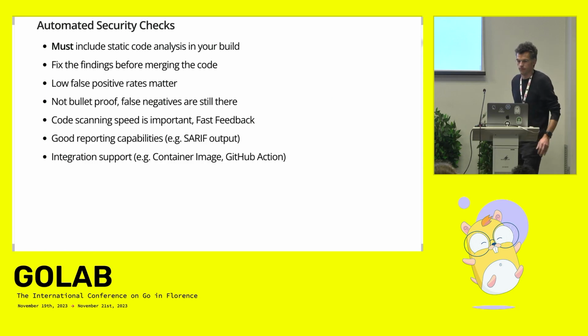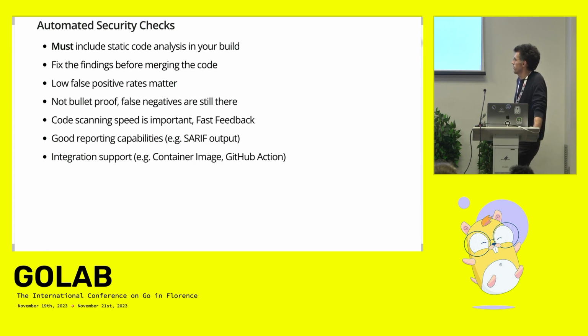So what's the solution? The solution is to have some automated security checks and some automated security code analysis in our build. And hopefully we can rule out some issues which are really common. And I hope we will fix these issues before we merge our code, especially if we see critical and, let's say, high issues.